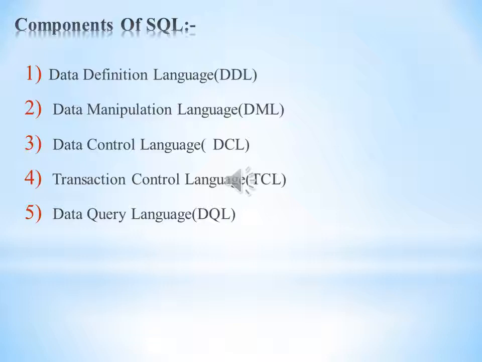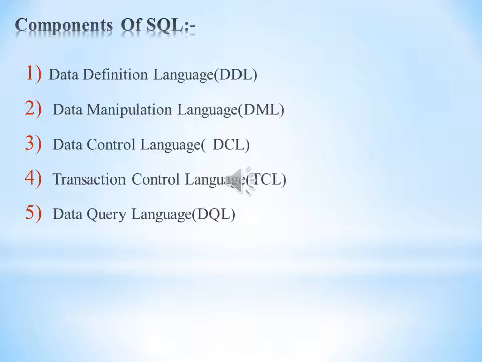Now we will see the components of SQL. There are five components. The first is DDL, then DML, DCL, TCL, and DQL. DDL means data definition language.